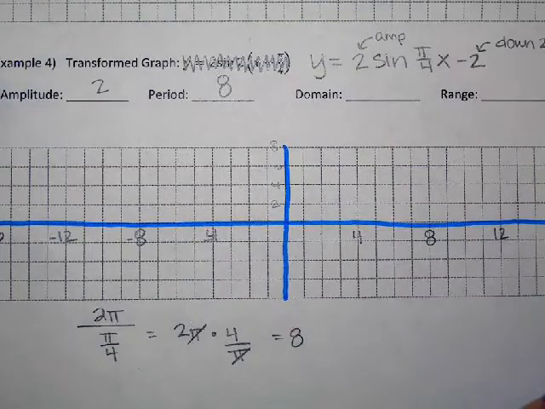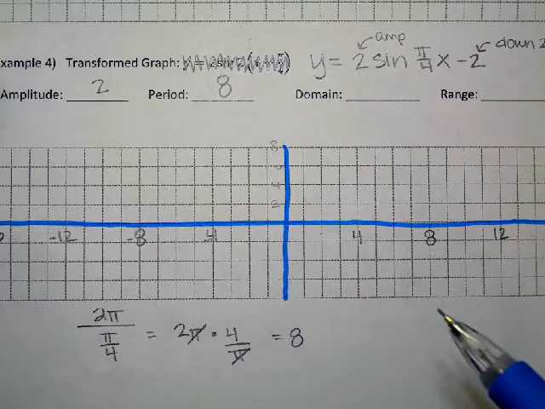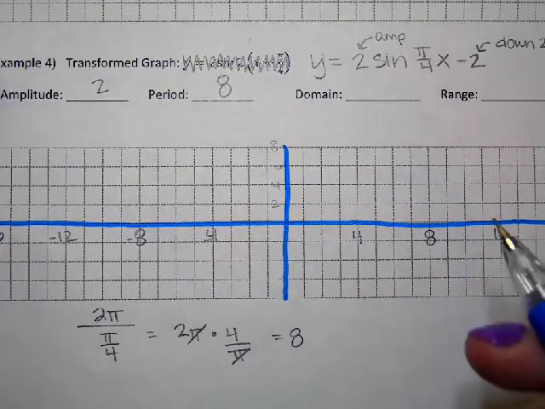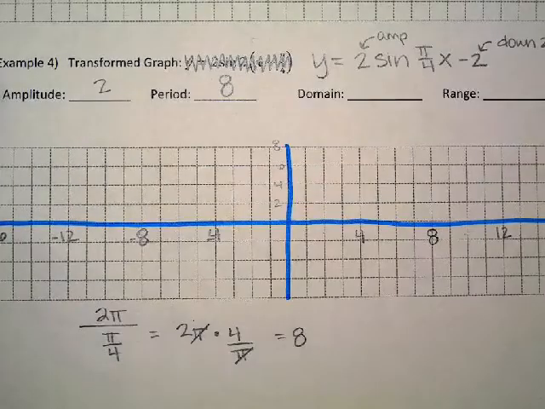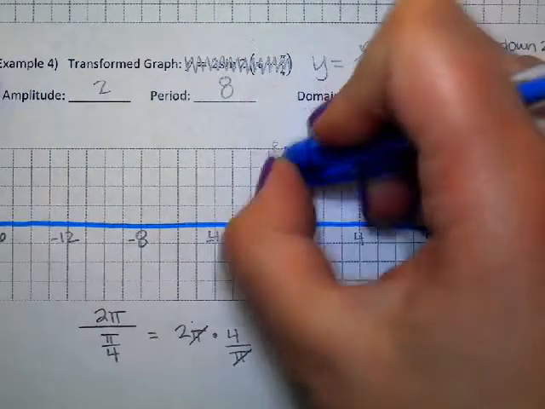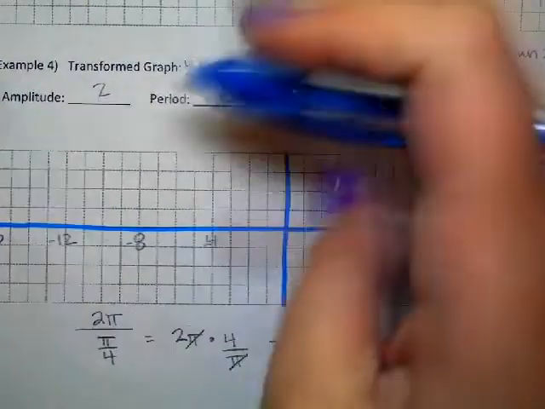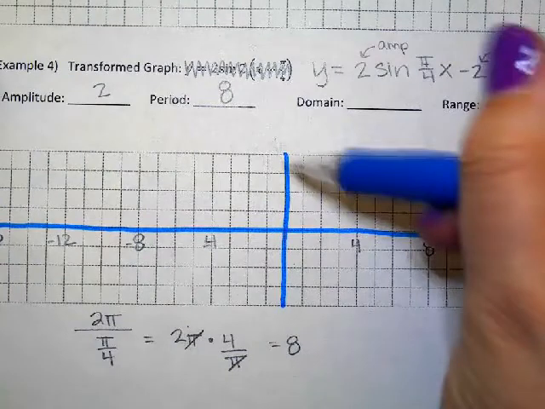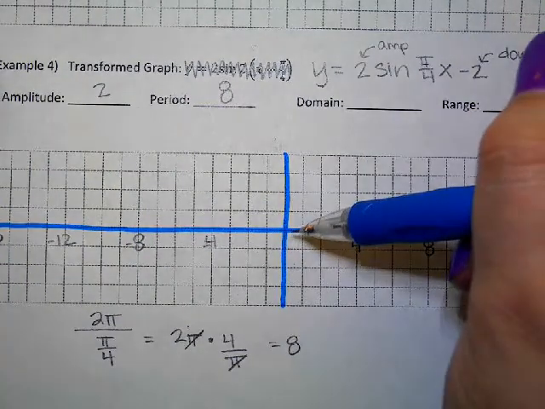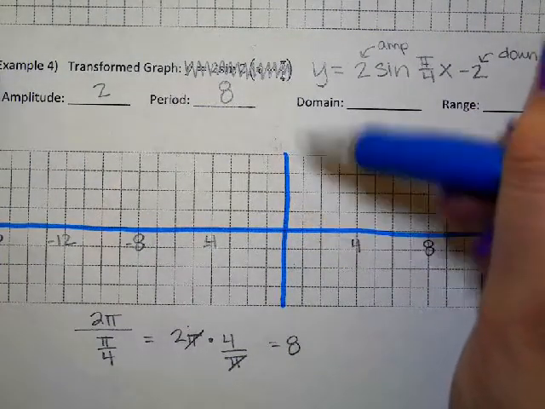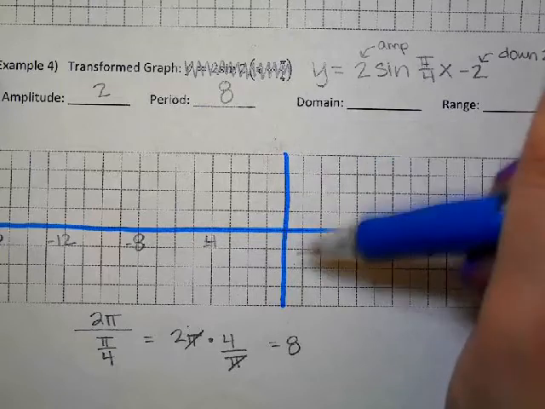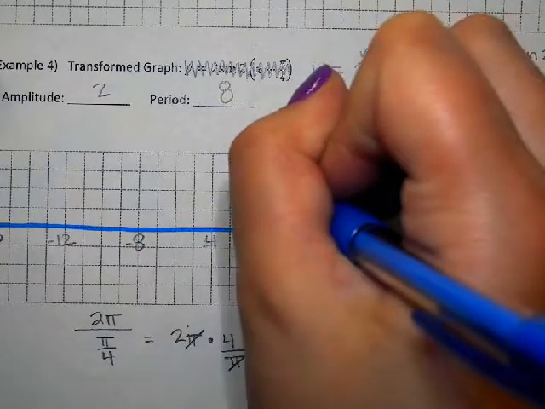We could make each box equal 1. There's not necessarily a right answer. You just think about what's going to be easy to graph. And then keep in mind that if you have your intervals different than the answer key, your graph will look different than the answer key. Does that make sense? So keep that in mind. Okay, so we can just have each box equal 1. That's fine as well.